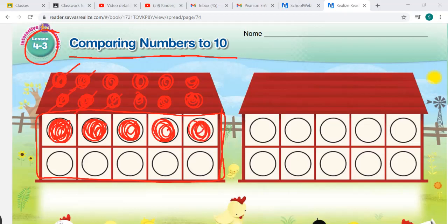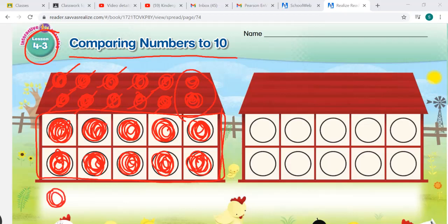And we are going to see if Mr. Brown has more than 10 horses or fewer than 10 horses. All right, I'm almost finished filling up this 10 frame. Oh, look, I don't have any more spots to put a counter in, and I have extra counters over here, so I'm going to put them in over here.